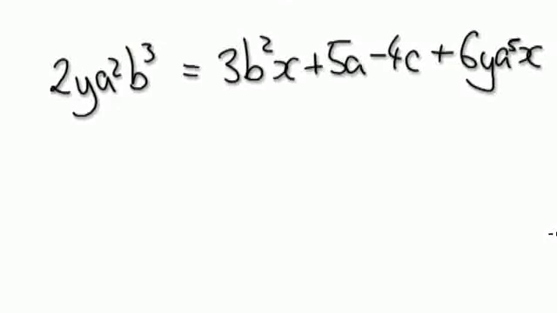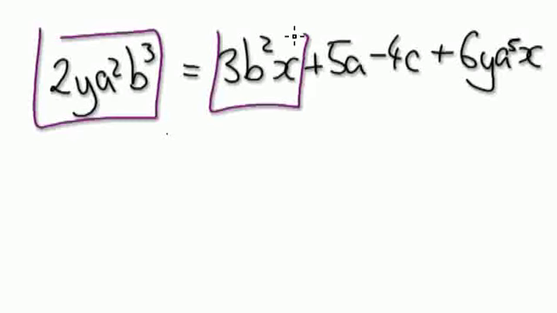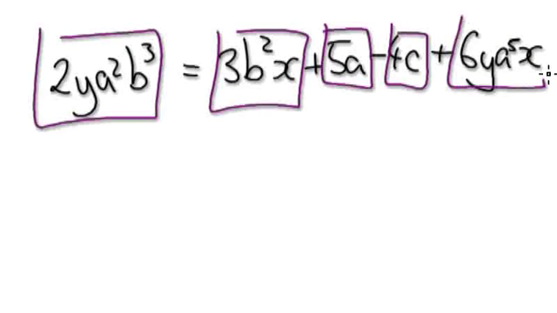Okay, so now visualize it as this. You've got one block which equals this plus this, take away this, plus this. Okay, x, keep an eye on x. X is what you're interested in. So these two blocks don't contain x, so they're classed as rubbish. So move on to the other side.